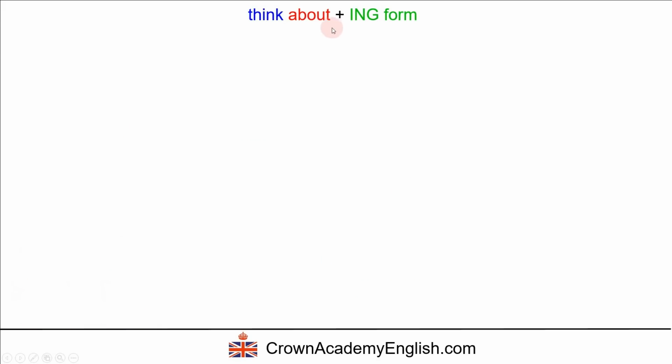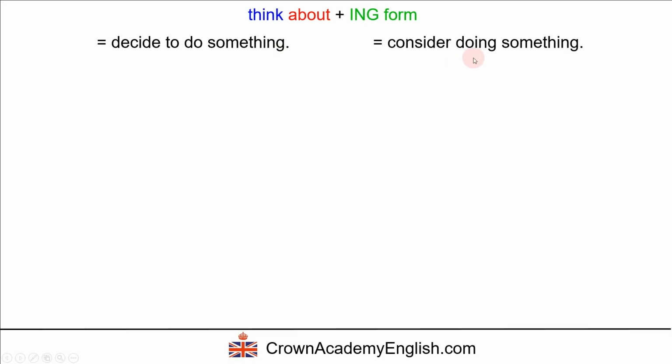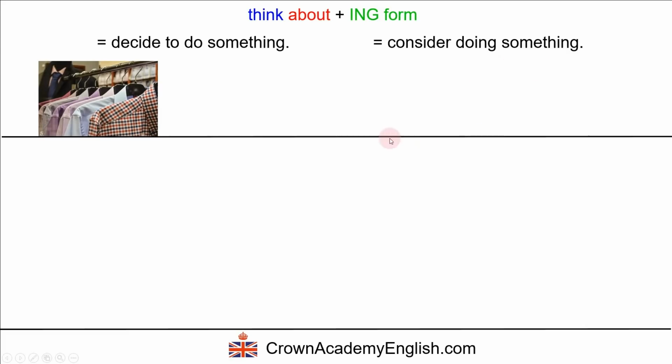Think about followed by the ing form of a verb. This means to decide to do something, to consider doing something. So we're making a decision. Do we want to do something or not? Here is an example. Mark is thinking about buying a shirt.